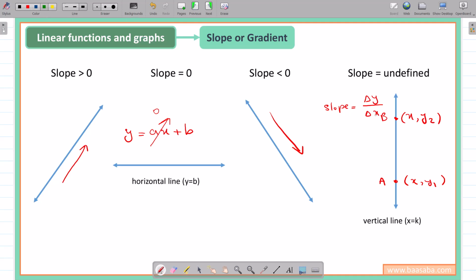Delta x is going to be 0 because the x's are the same: x minus x is 0. And it is not defined for a fraction to have a denominator of 0. So slope cannot be something over 0. It is undefined. In a vertical line, we only have x, we don't have y. So the equation of a vertical line is always x equal to a constant amount.